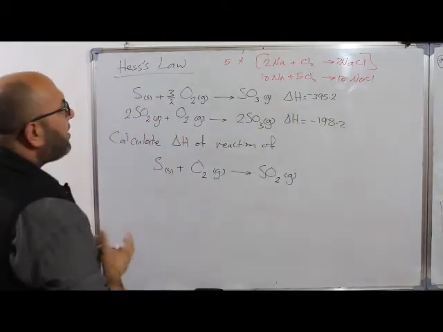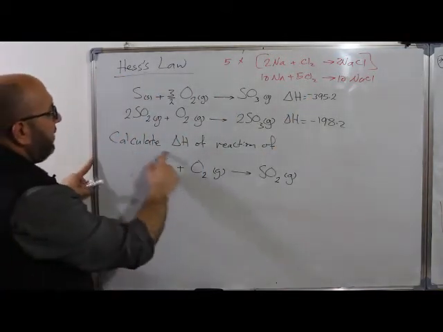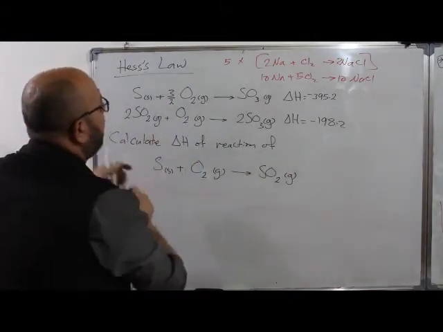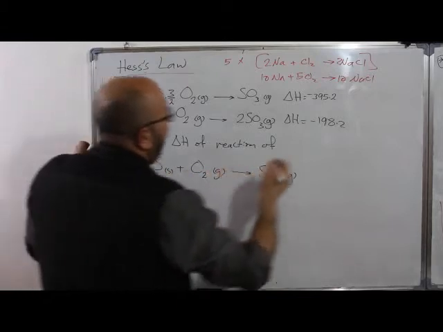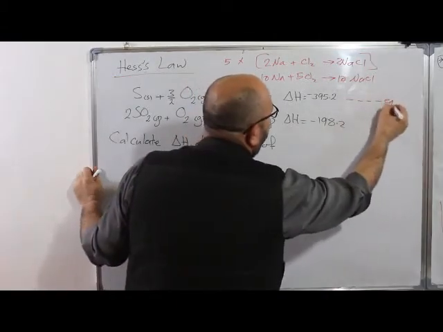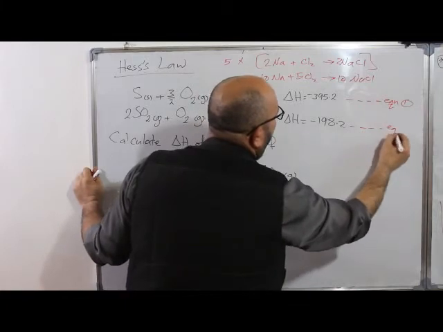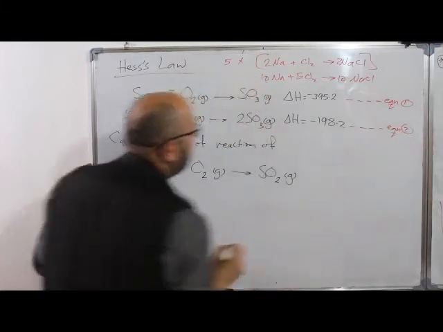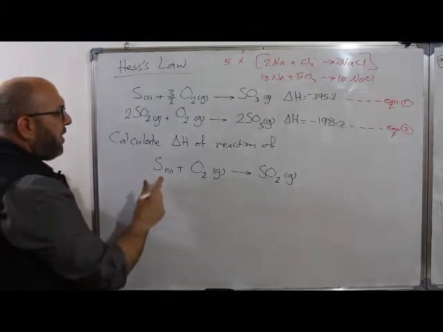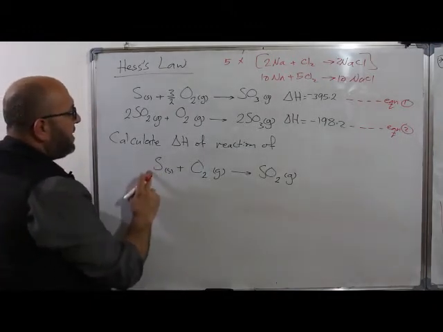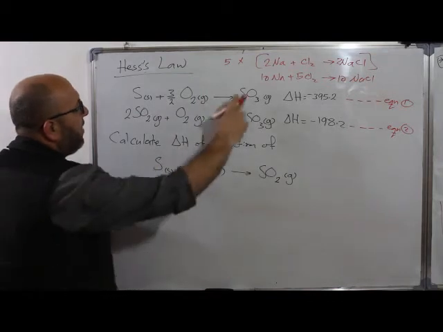So, right now we are going to calculate the heat of the given reaction by using 2 steps or two reactions. Equation number 1, the second one, equation number 2. By referring to this equation, we are going to find S in solid state in the given equations.